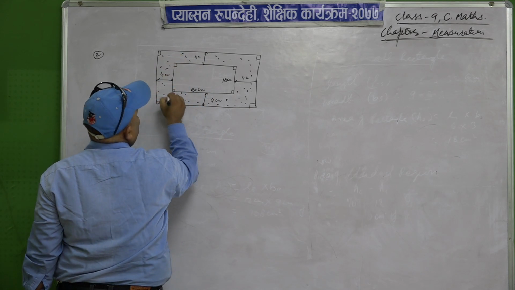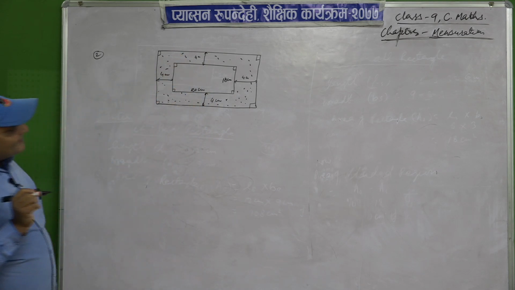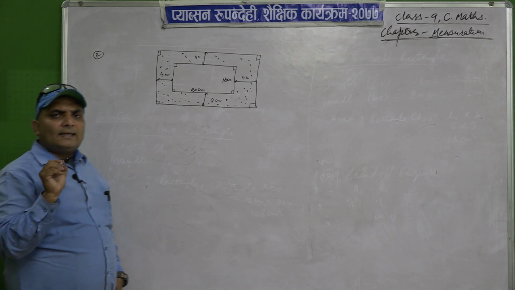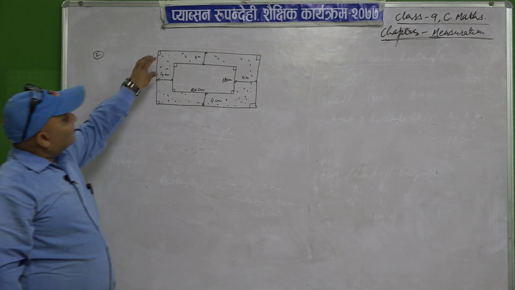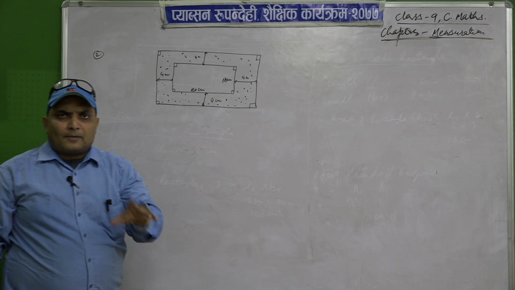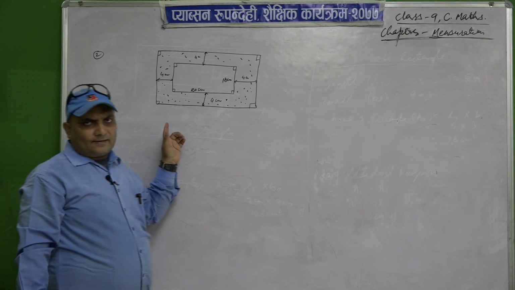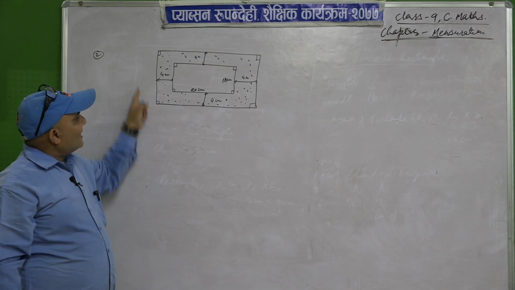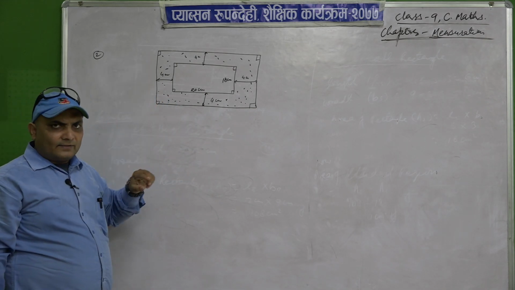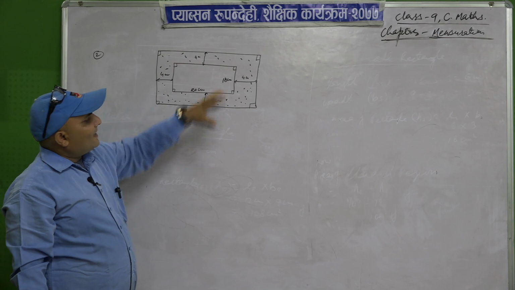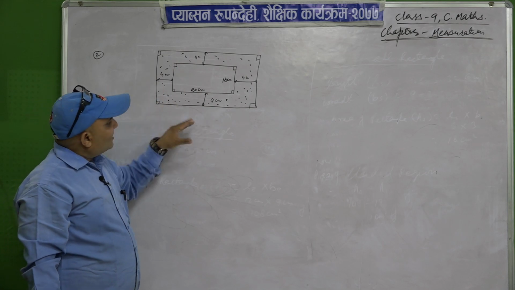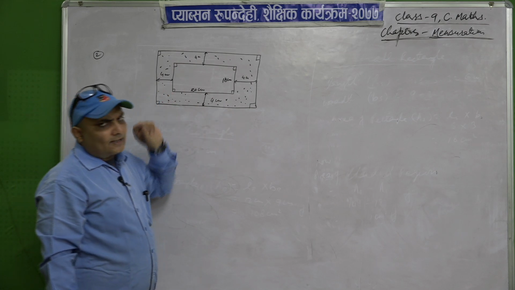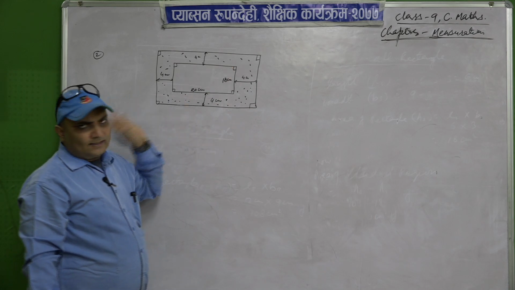Okay, see, figure is same and what to find out is also same, but only given is different. In the last question the length of the big rectangle and breadth of the big rectangle were given, whereas in this question everything is same, but the length of the small rectangle is given, breadth of the small rectangle is given.